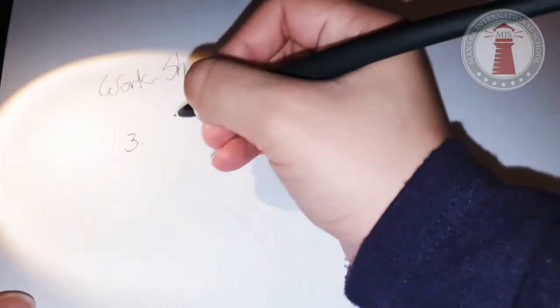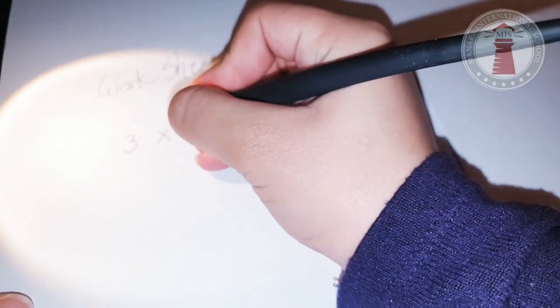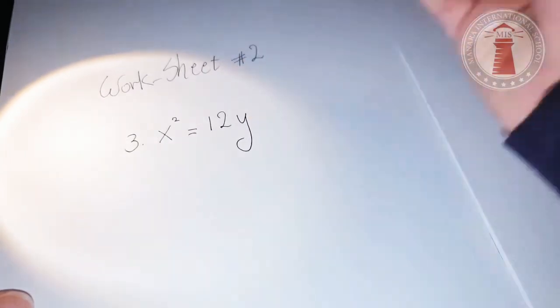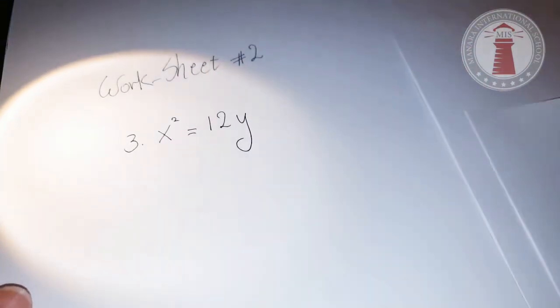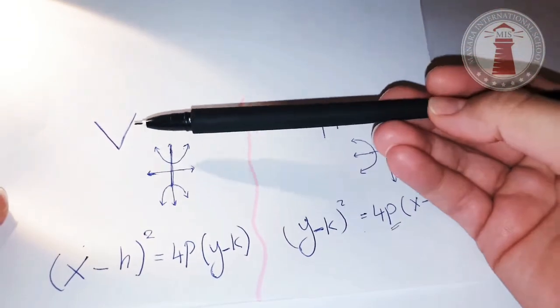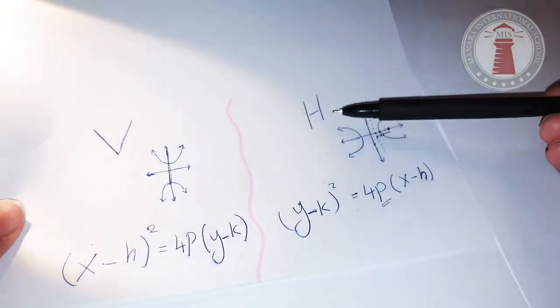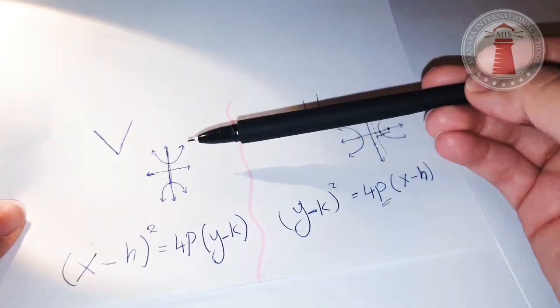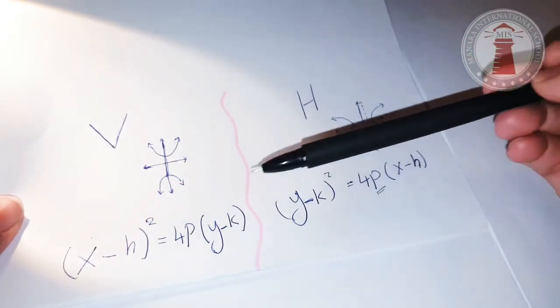The equation is x squared equals 12y. I kept this from the previous video, which shows us the vertical parabola and the horizontal parabola, how they look, the two cases in each, and how the general equation looks.